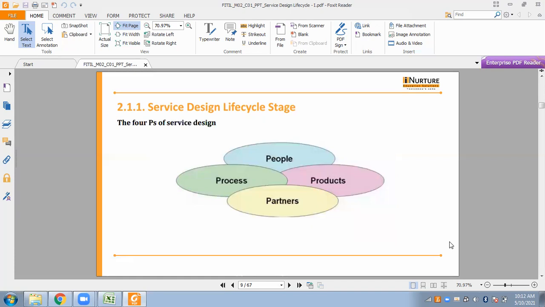Then we come to the 4 P's of service design. To deliver the benefits of ITIL and service management, ITIL service design is mainly built upon these 4 P's, that is people, process, products, and partners.